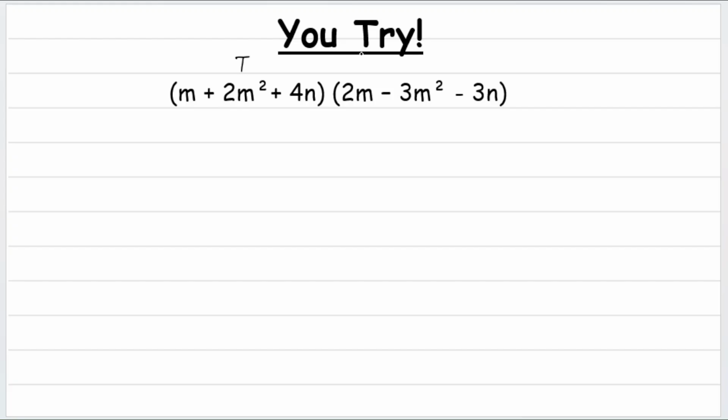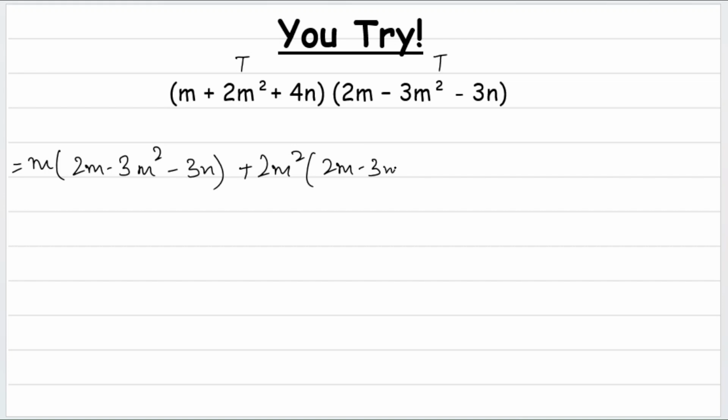Again, it's a trinomial multiplication with the trinomial multiplication. So let's write m(2m minus 3m square minus 3n) plus 2m square(2m minus 3m square minus 3n). So first I took m, then I'll take plus 4n and I'll multiply it with this.